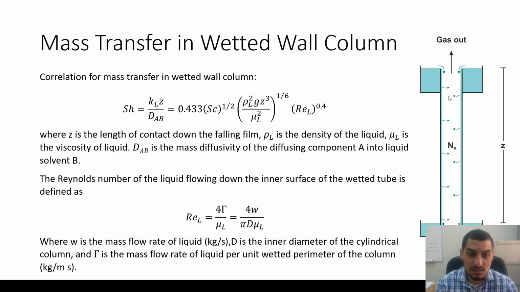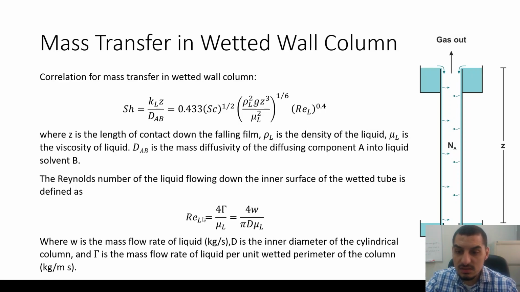For the gas phase, it's a gas flowing inside a pipe, so we can apply the equations that we just saw before to describe the mass transfer coefficient in the gas phase. But for the liquid phase, this is the equation that we use. And that's why all the physical properties here are liquid phase physical properties. And even the diffusion coefficient is the diffusion coefficient of the species in the liquid phase, not the gas phase.